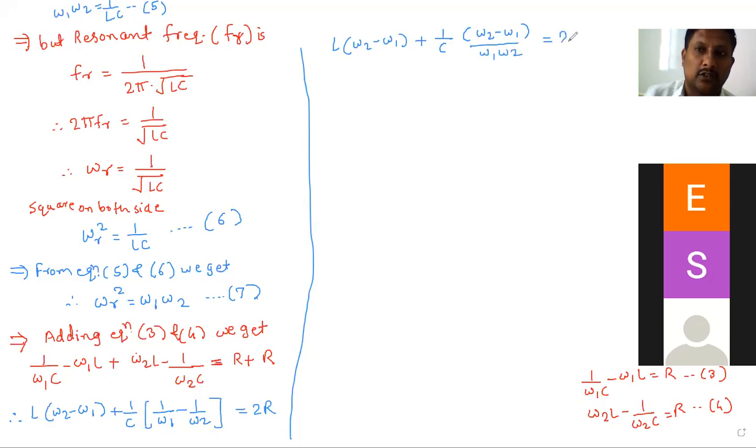So it is equal to 2R remains as it is. So this L into omega 2 minus omega 1 as it is, plus as it is. So now you can tell me what we can replace here. I will take this numerator as it is, omega 2 minus omega 1 as it is. Omega C into omega 1 into omega 2, where it is present.